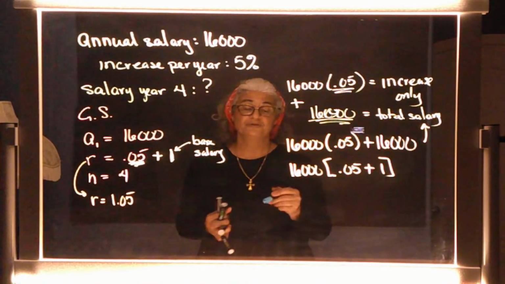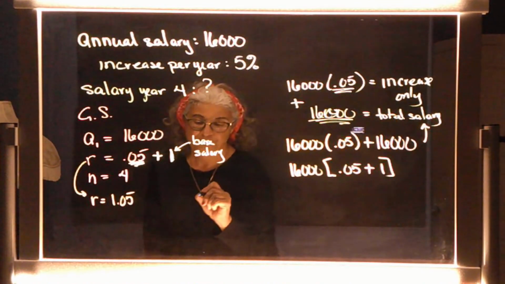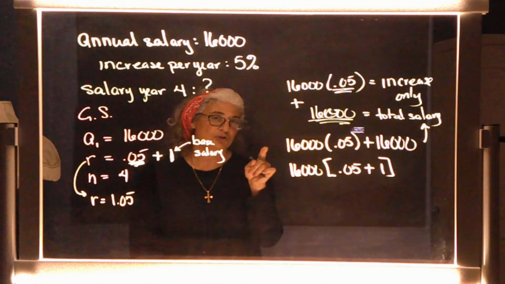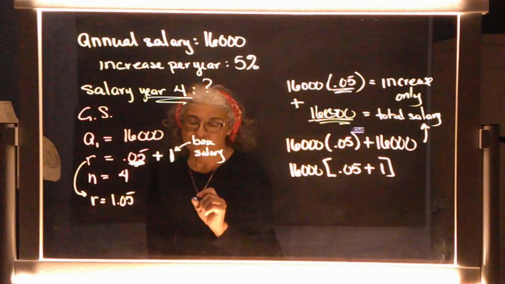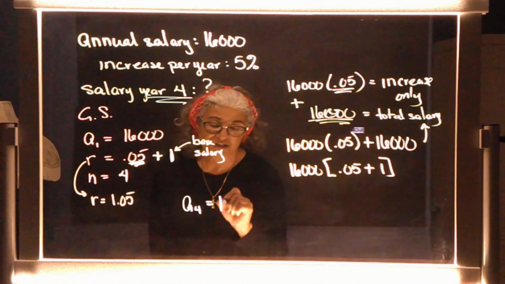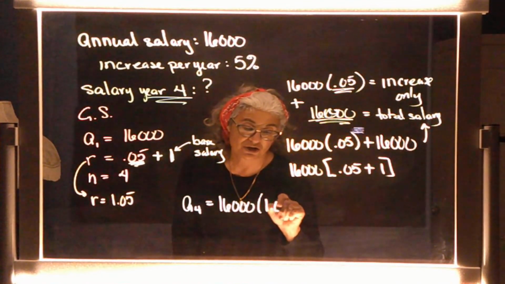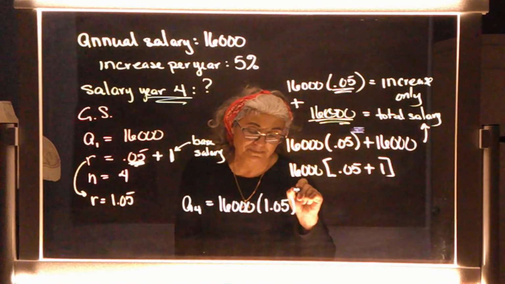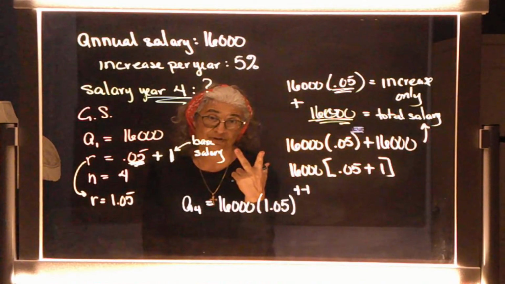Okay, now that we're all on the same page and you understand why we have the 1. So here's the deal. Am I looking for the sum or just the 4th year? Just the 4th year. So I'm looking for a sub 4. So to find it, you're going to take a sub 1 and multiply it by r to the power of 4 minus 1, because it's got to be the 3rd, right?